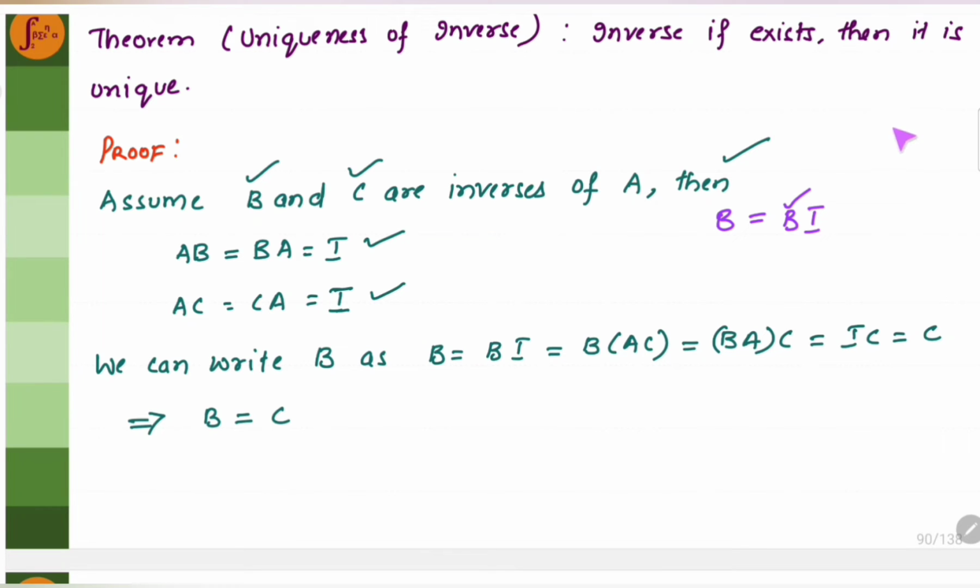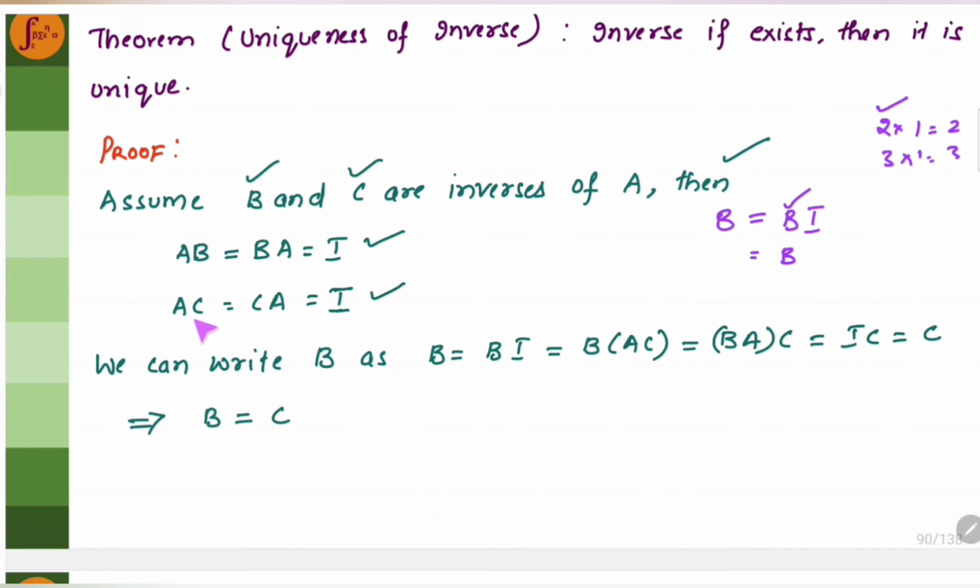It's basically like saying anything that you multiply with 1 is going to be the number itself, right? 2 into 1 is 2, 3 into 1 is 3. So anything that you multiply with 1, you're going to get the original number. Similarly, the same concept applies in matrices also. Anything that you multiply with the identity matrix, you're going to get the matrix itself. So B is equal to B into I. We can write matrix B as B into I. Now, what is I? I is also here.